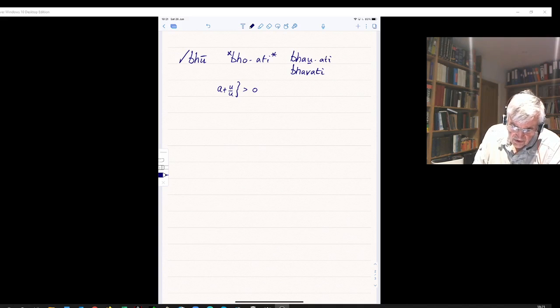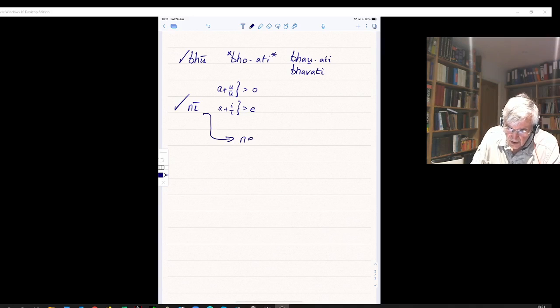And you see the same, for example, ni, to lead. So a plus e or e makes e. That's by sandhi. So ni, to make the present tense, here we go, you gunate to ne, and add ati.